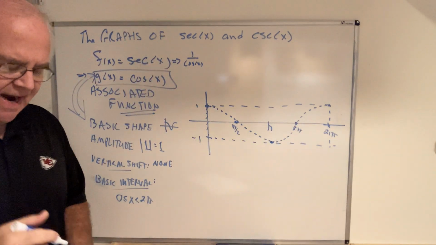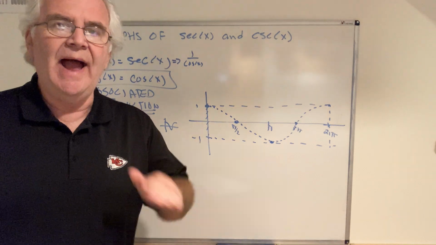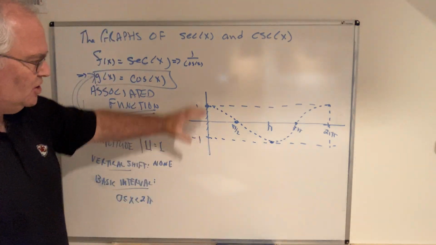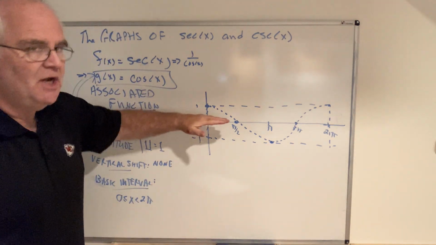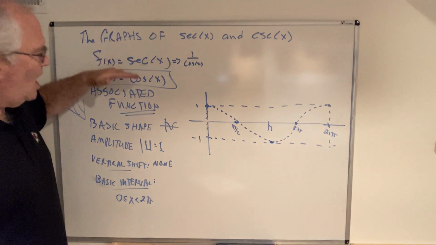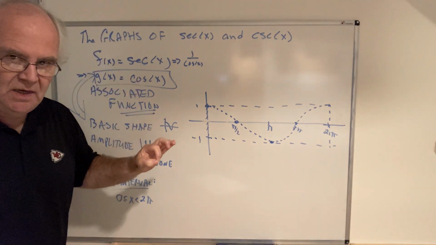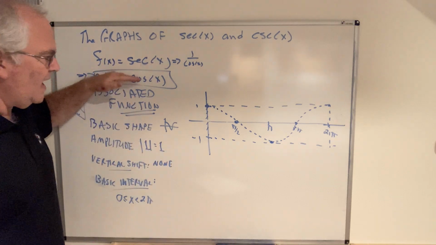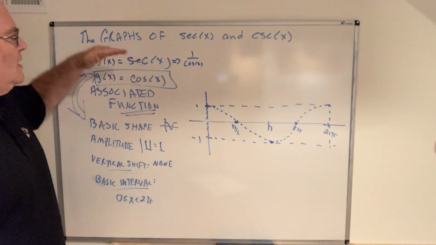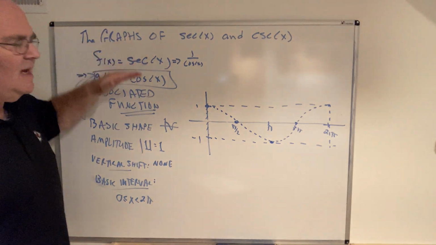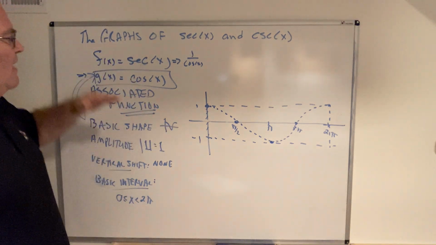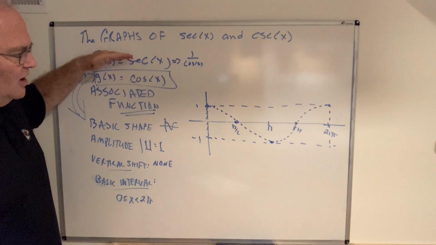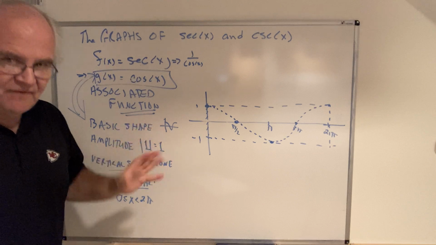And when I say the axis, I don't mean the x-axis. I mean the axis, the central axis of the function. So if this is shifted, I'm talking about where are the nodes. Everywhere cosine has a node, that's why the node terminology is so important. Everywhere cosine has a node, the associated function secant has a vertical asymptote, and vice versa.